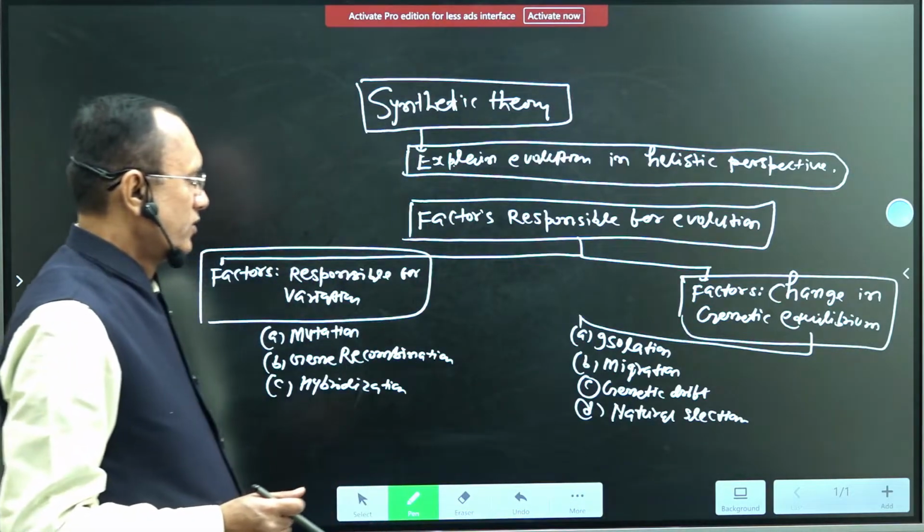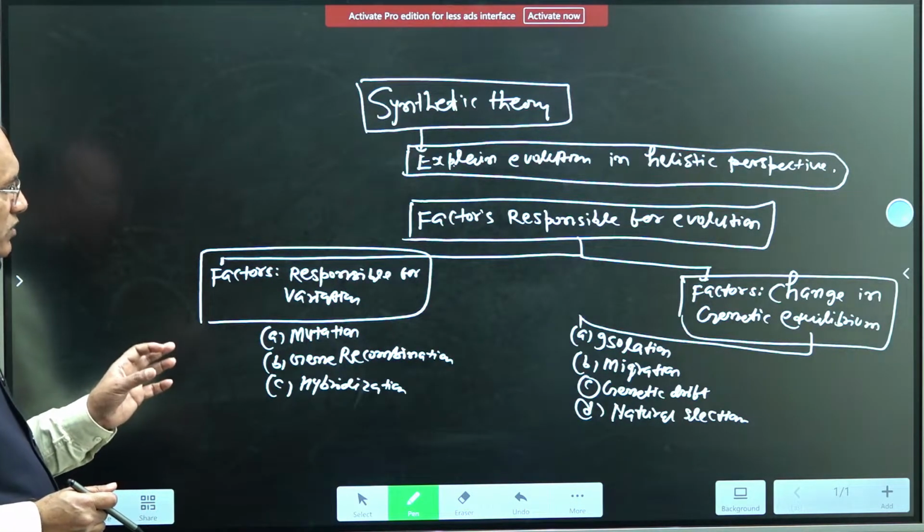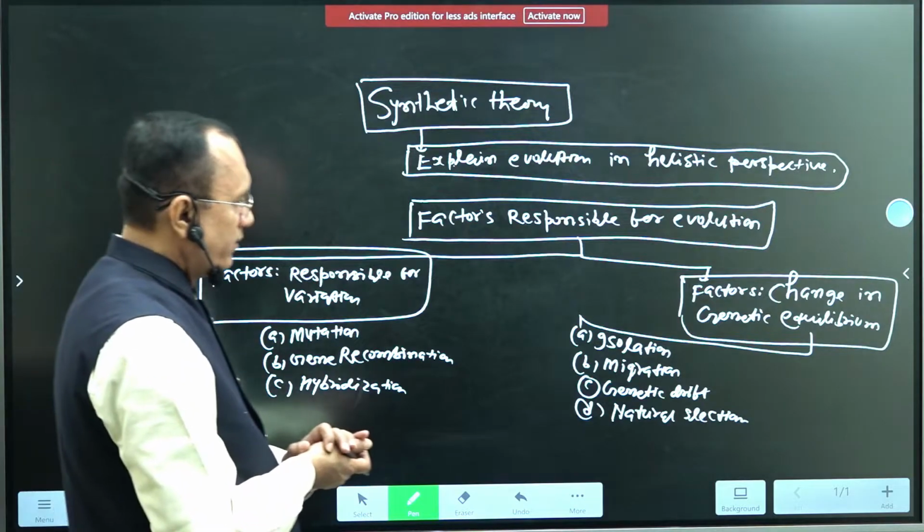Right? So these are the 7 important factors which are responsible for evolution.